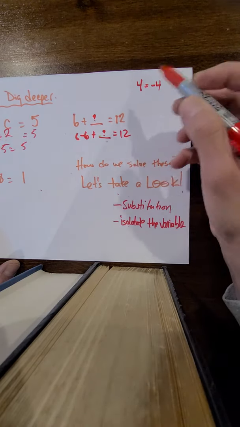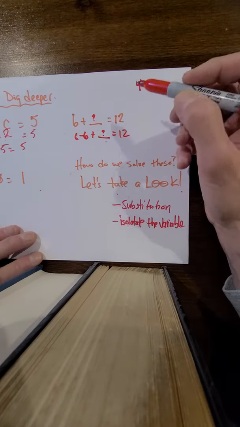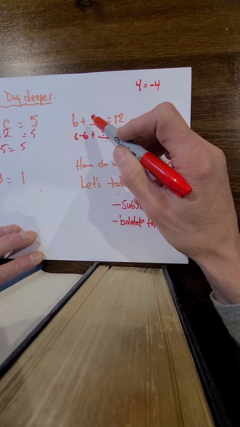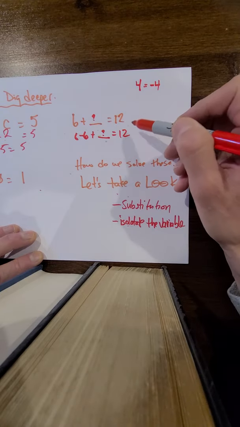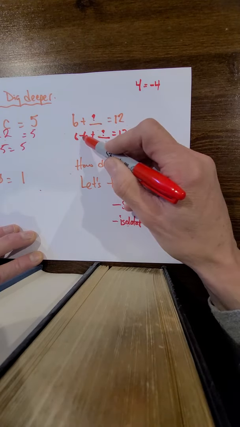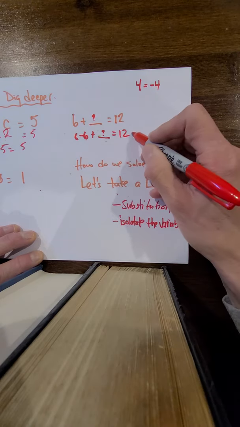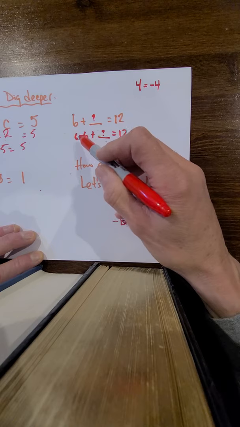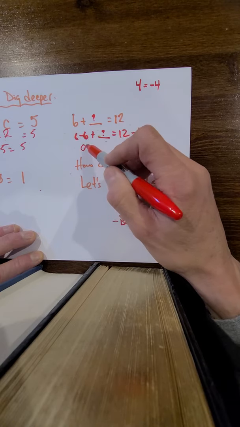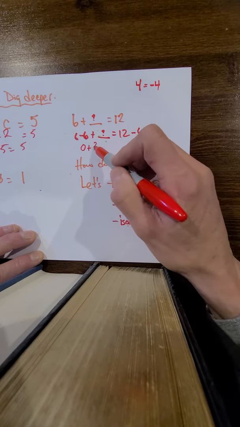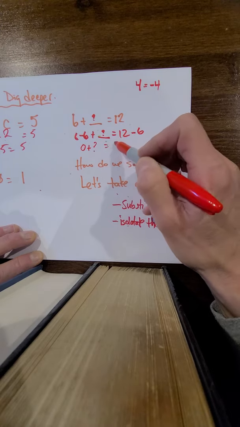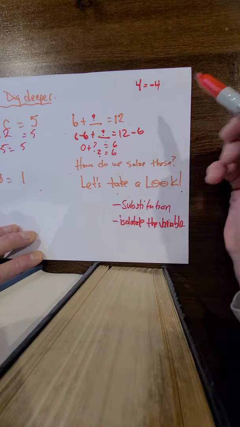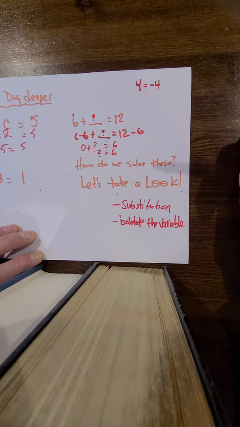Equals 12. This is really important. Whatever you do to one side of the equal sign, you must do to the other. So if I'm basically subtracting 6 here, I subtract 6 there. So a negative 6 and a 6 gives me 0 plus question mark equals 6. Therefore, question mark equals 6. And there's your answer.